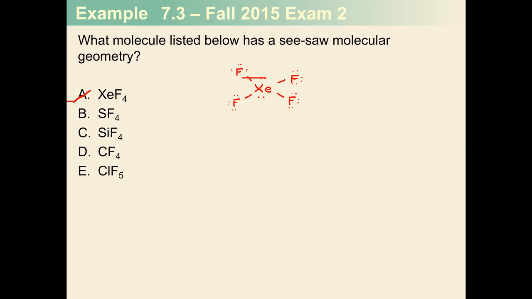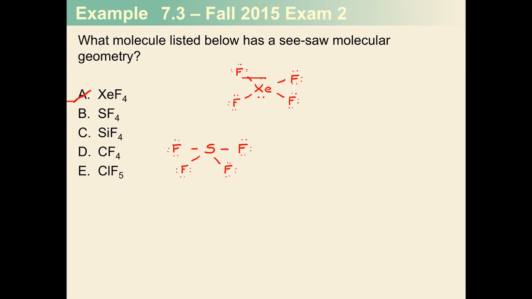Now let us go to our sulfur tetrafluoride. In this case, we are going to put our sulfur in the middle. We have our fluorines that we will attach. So in this case, we are going to have a total of 34 valence electrons. So let us go and put in our lone pairs on our fluorines.